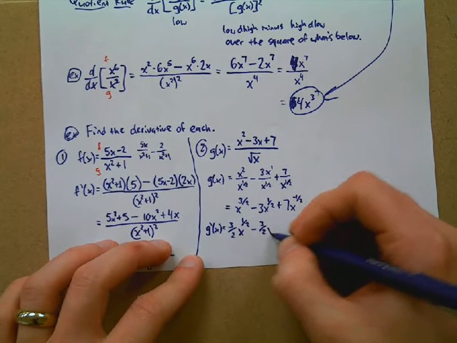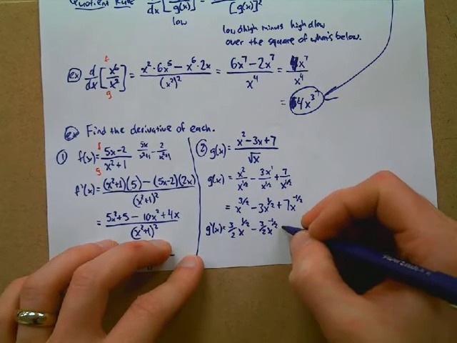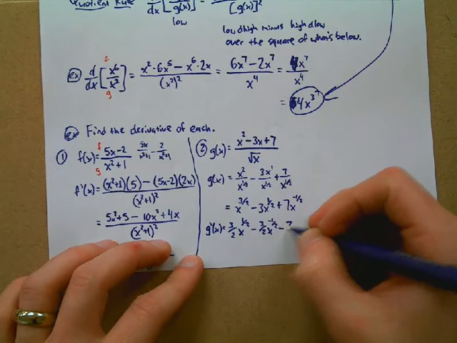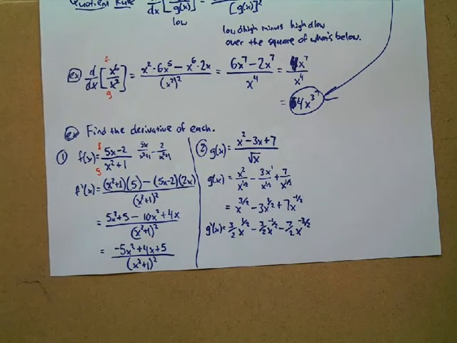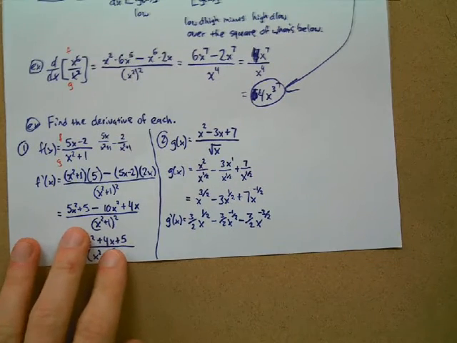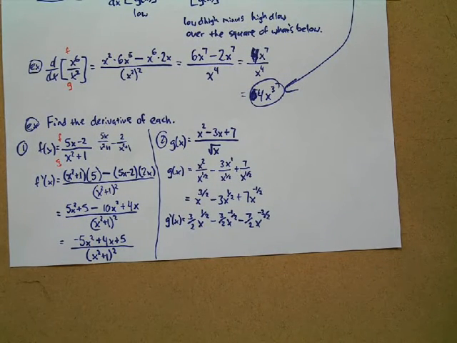Take our function here, the 3 halves is the power, so the power comes out front, and then lower the power by 1. 3 halves minus 1 is 1/2. Then minus 3 halves comes out front, and lowering the power by 1, 1/2 minus 1 is negative 1/2. And then negative 1/2 times 7 is negative 7/2. Minus 1 gives you negative 3 halves. There's your answer. Okay.